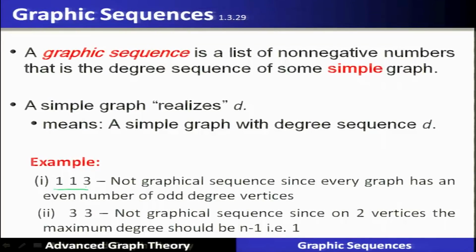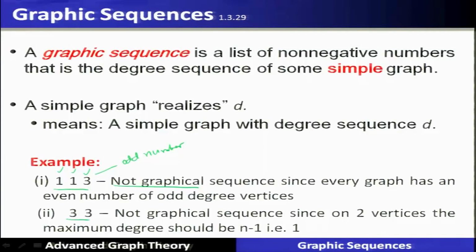Why? Because here the number of odd degree vertices is odd. For any given graph, the number of odd vertices is always even, hence this is not a graphical sequence, or this particular sequence does not represent the degrees of any graph.